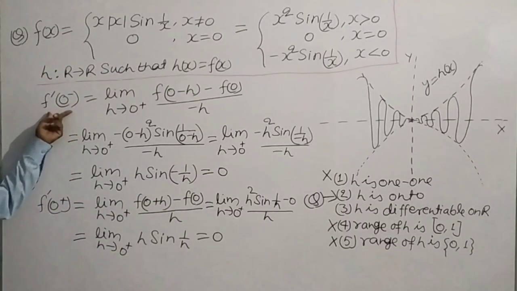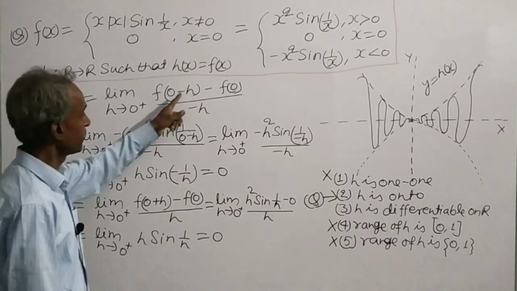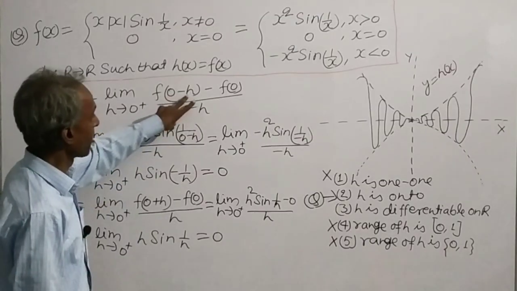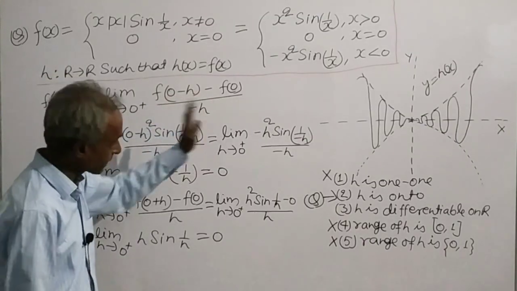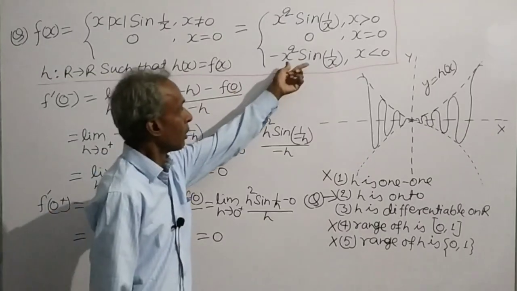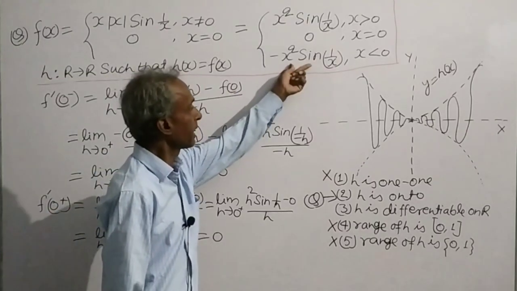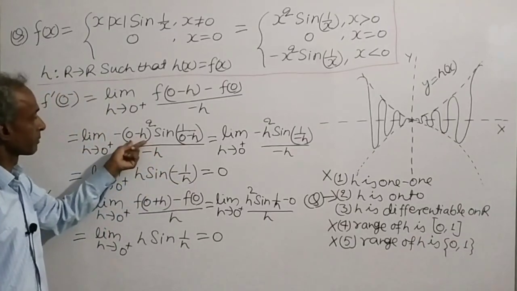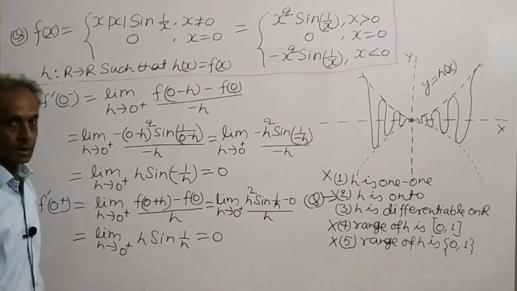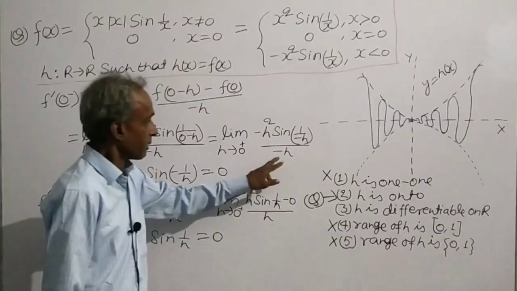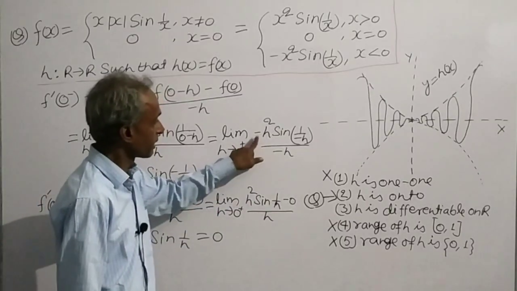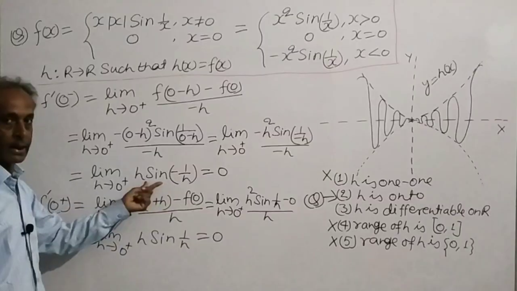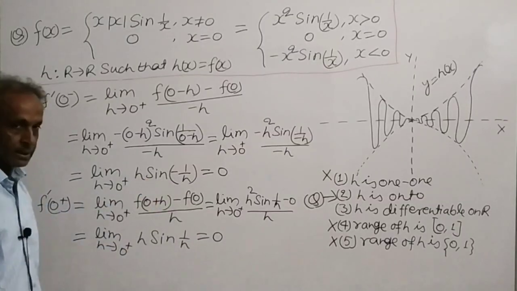Left hand derivative is equal to this: f0 minus h, h less than 0. f is written by this rule here. This minus h, this minus h square will be cancelled and there will be left this.